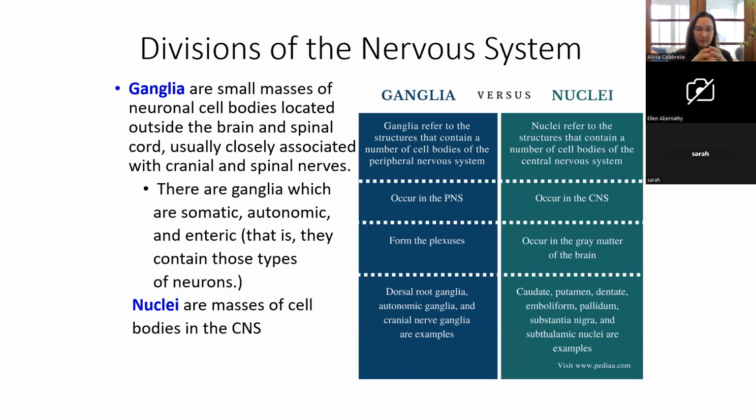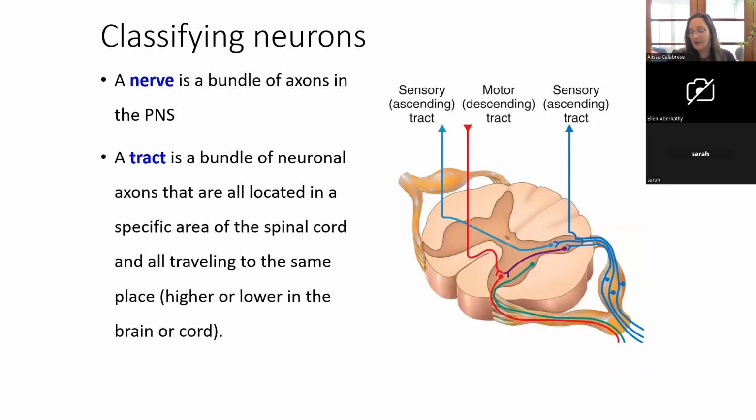If we find a similar group of cell bodies in the central nervous system, we call it a nucleus. So a group of cell bodies together is either a ganglion or a nucleus.